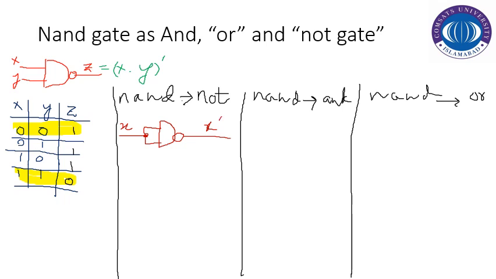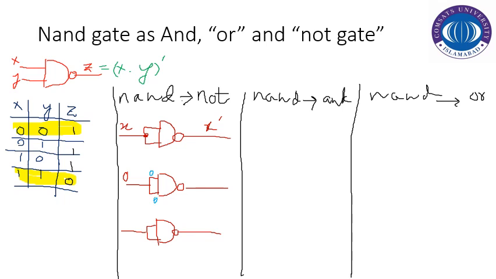How? Just consider these two cases. If I apply 0 here, I will get 0 at this input and 0 at this input.